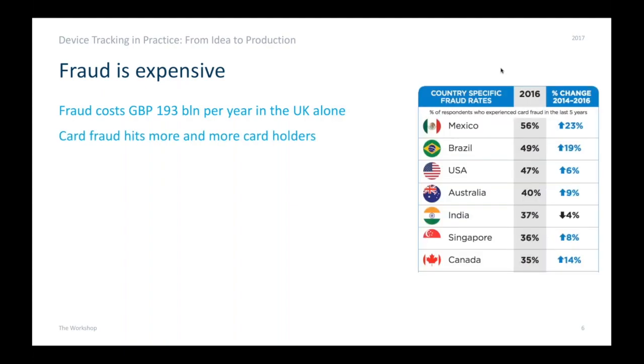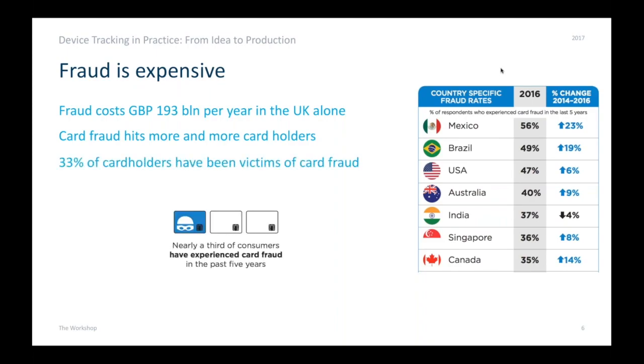You can see here that in the UK alone, it costs around 200 billion Great British pounds a year. And card fraud hits more and more card holders on a yearly basis. Nearly a third of consumers have experienced card fraud in the past 5 years. So really, online fraud costs billions of dollars to businesses worldwide, and our clients would like to minimize the risks of fraud to their businesses.